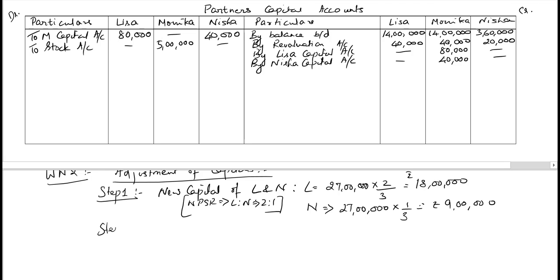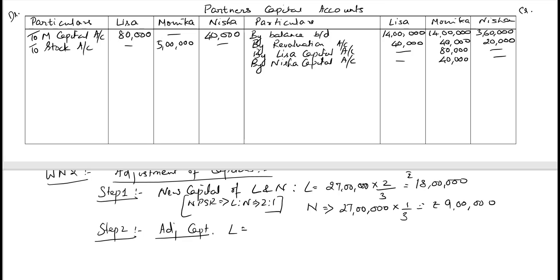Step 2 is to get the adjusted capitals, that is the capitals of Lisa and Nisha after all adjustments. In the case of Lisa, it is 14 lakh 40,000 rupees minus 80,000 rupees, which is equal to rupees 13 lakh 60,000.